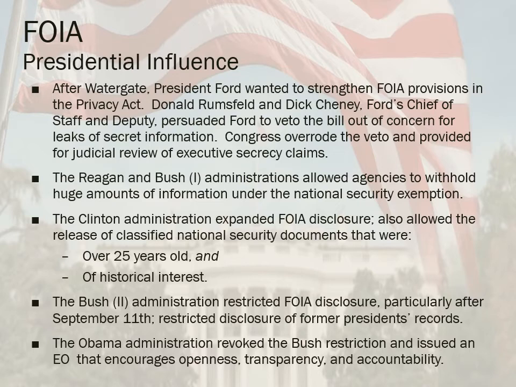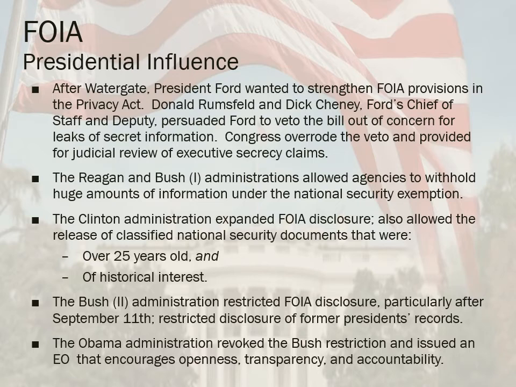Still, it was a really broad decision to withhold a lot of information from the public. Then Bill Clinton was elected president. His administration swung the pendulum in the other direction, and he expanded disclosures under FOIA. Clinton also permitted the release of national security information withheld by previous administrations, as long as those records were at least 25 years old and of historic interest. So during the Clinton years, FOIA had an increased presumption of disclosure.